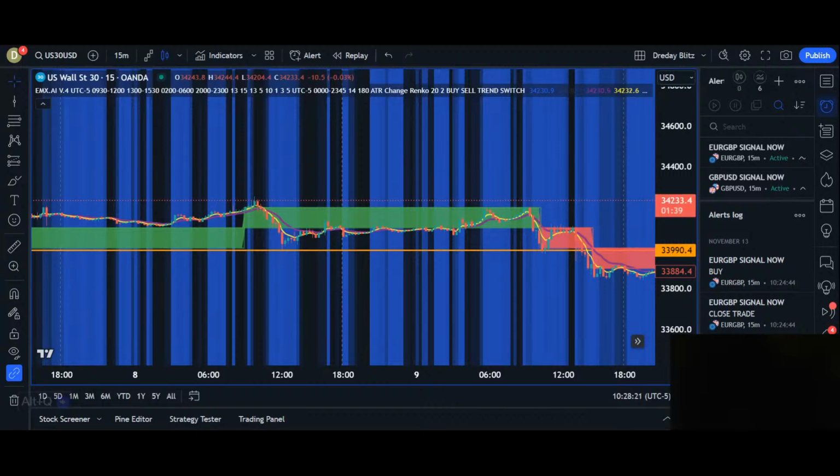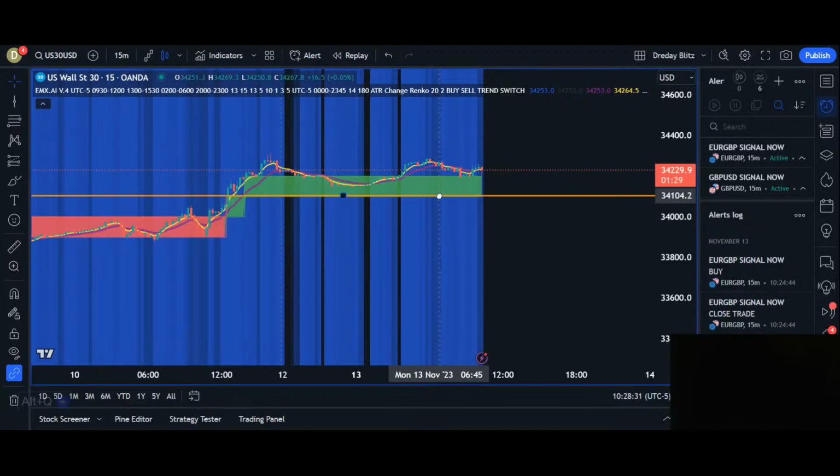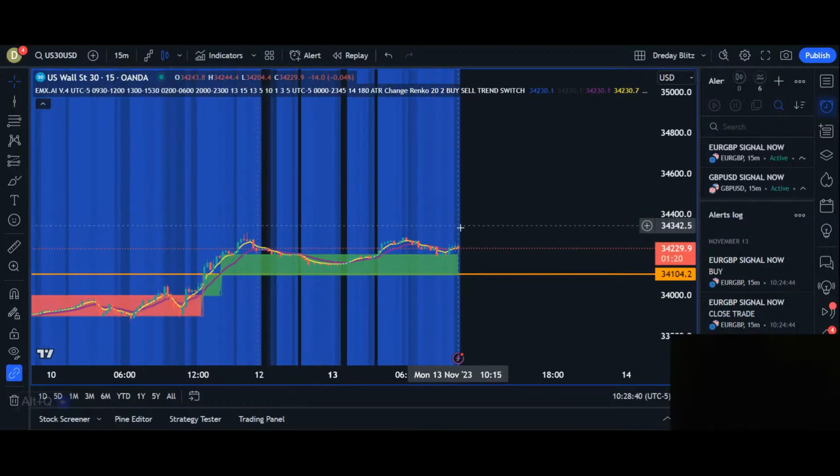So we said the level 34124. I think it was the actual range. 34124. Yeah, exactly. So 34124 would be your stop loss zone.